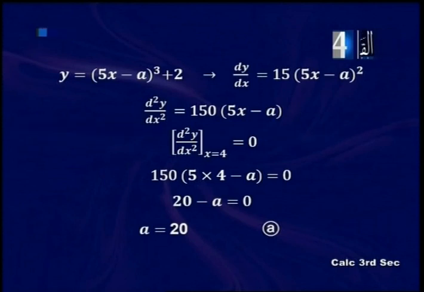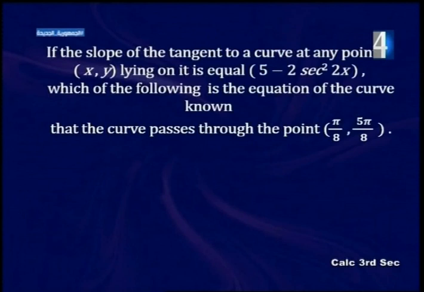Another example. If the slope of the tangent to a curve at any point (x, y) lying on it equals 5 minus 2 sec^2(2x), which of the following is the equation of the curve, knowing that the curve passes through the point (pi over 8, 5 pi over 8)?